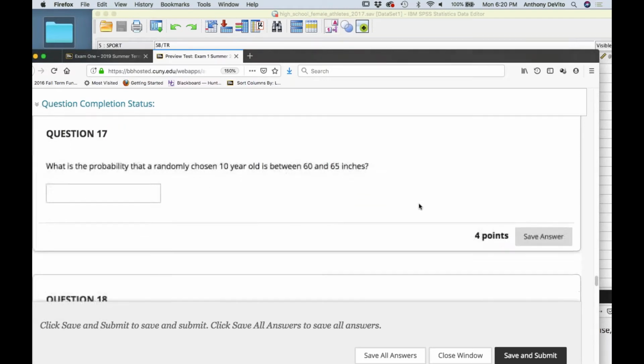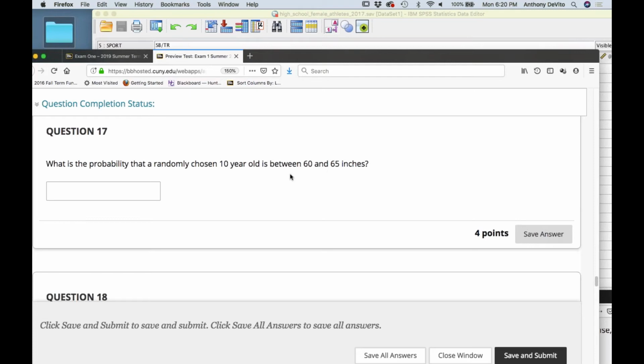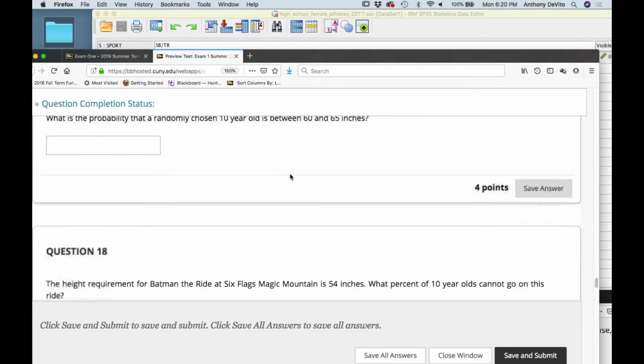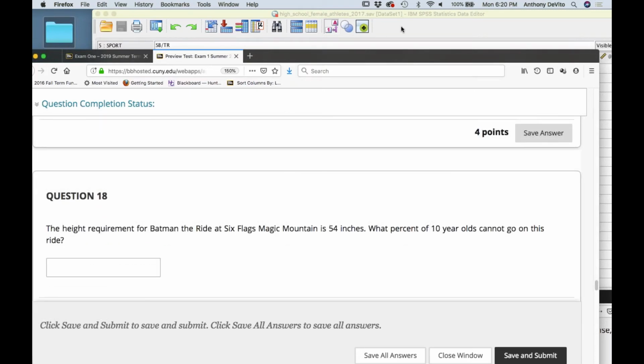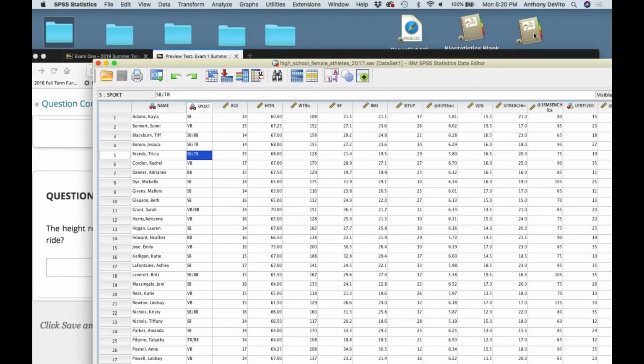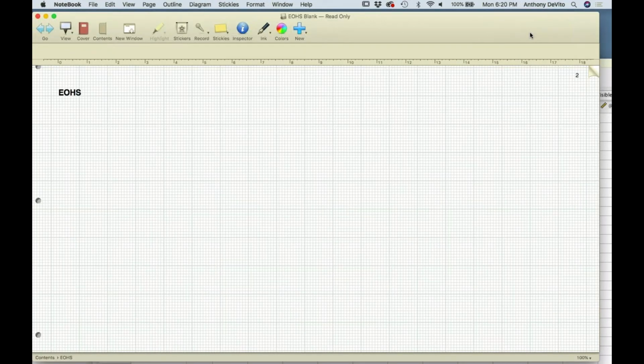Okay? What is the probability that a randomly chosen 10-year-old is between 60 and 65 inches? Okay, so let me just pull this up. Here's our normal distribution.